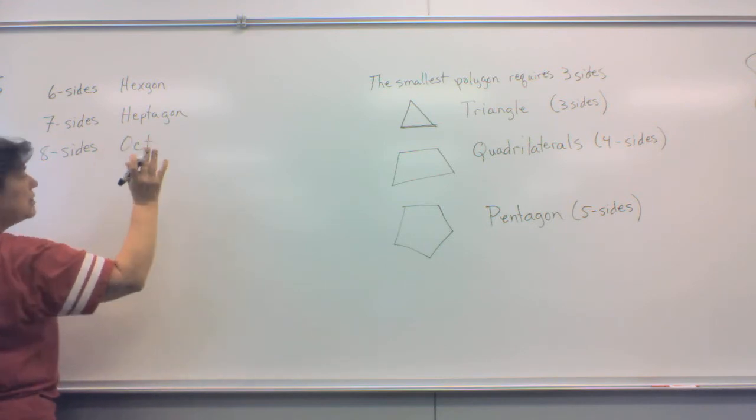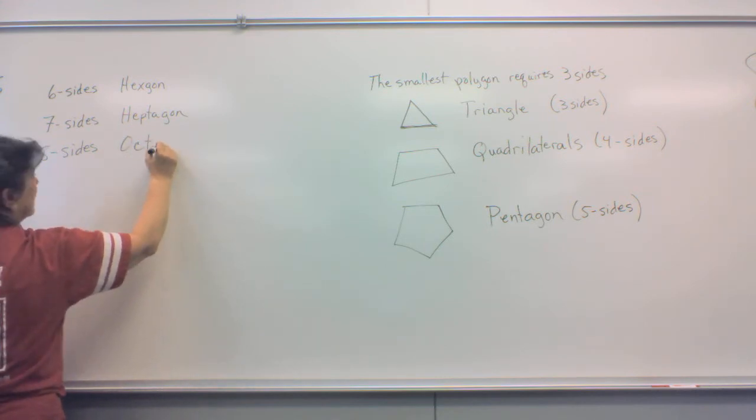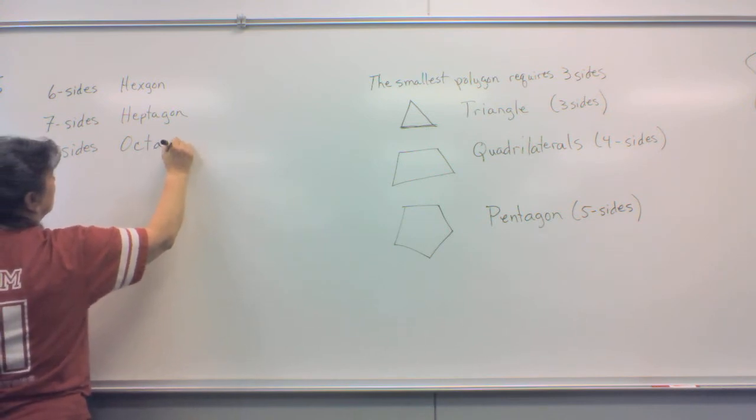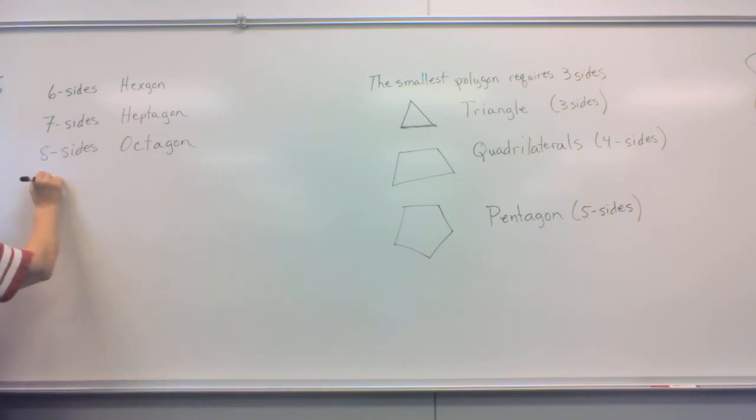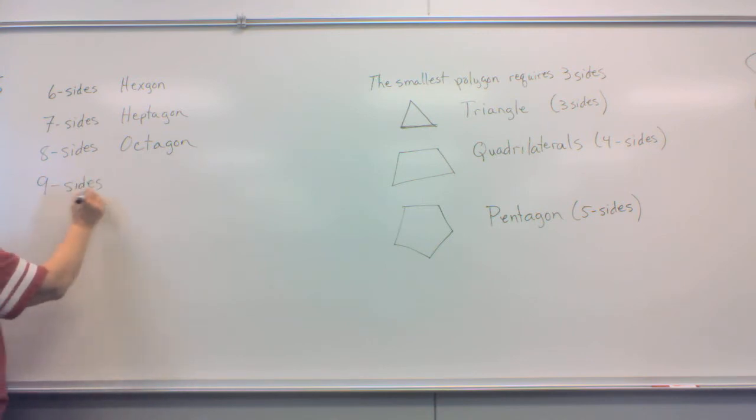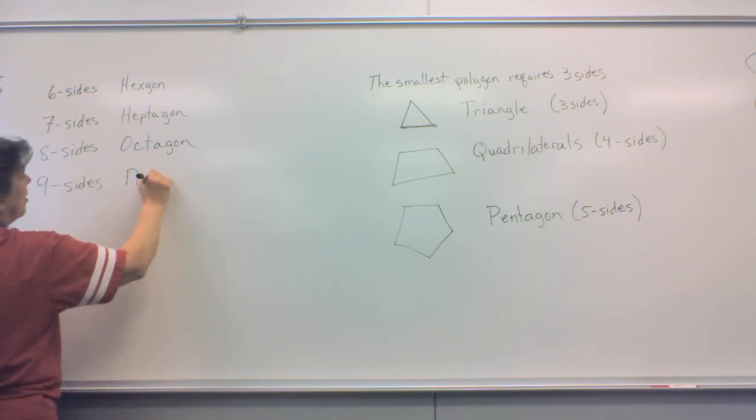Think of an octopus, has 8 legs, octagon. 9 sides, the name is very similar to the number 9, it's called a nonagon.